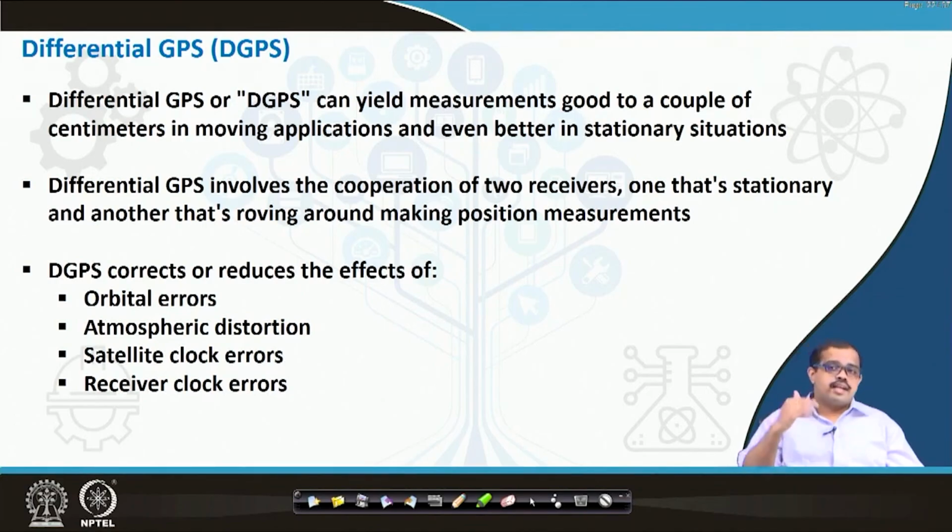Then the satellite clock error will not be there because both are on the earth surface. Then the receiver's clock error is also not there, because both have the same mapped units on board. That is why DGPS is extremely good for measuring your ground control points or understanding the distance on the ground surface.